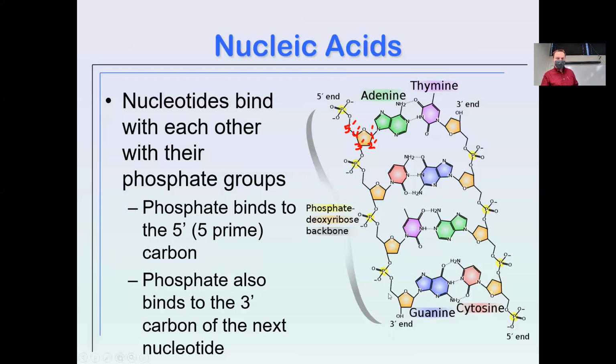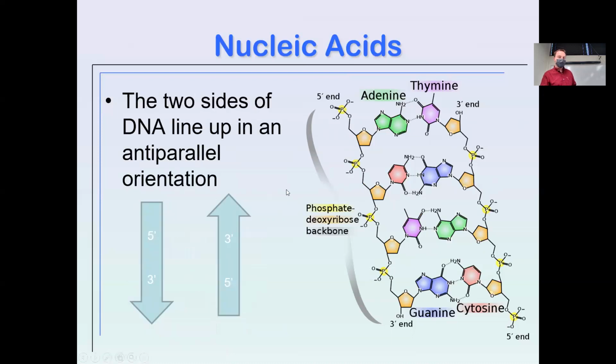And this is the way they form, right? We bind to a 3-carbon, we bind to a 5-carbon, next to the next 3-carbon, next 5-carbon. And when you look at the other end, on this end we're bound to the 5th carbon on this side. On this side, it's basically flipped, right? So going in one direction, it's going from 5 to 3.